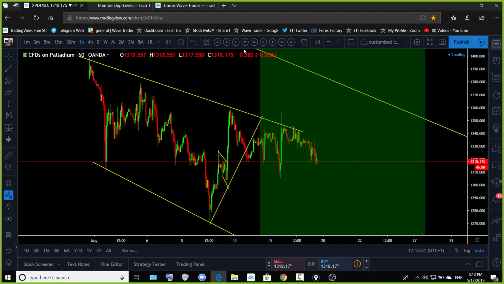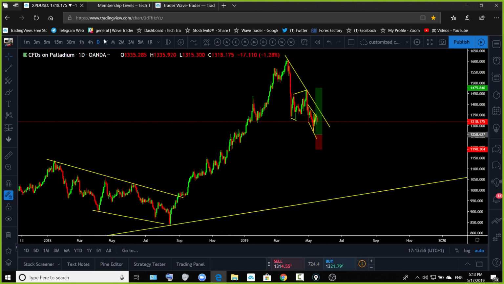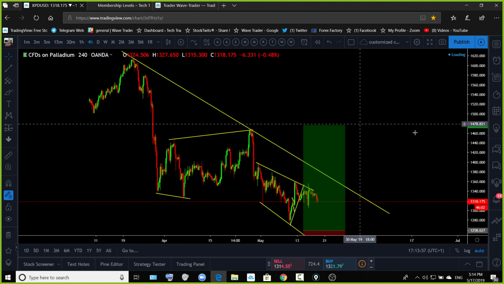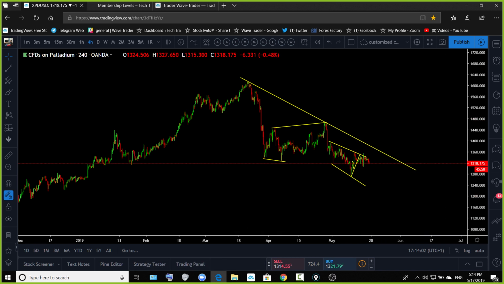And palladium to go higher. Okay, so this ABC move to complete and continue the trend that way. Short term, one more drop, new low, and then go higher for next week.